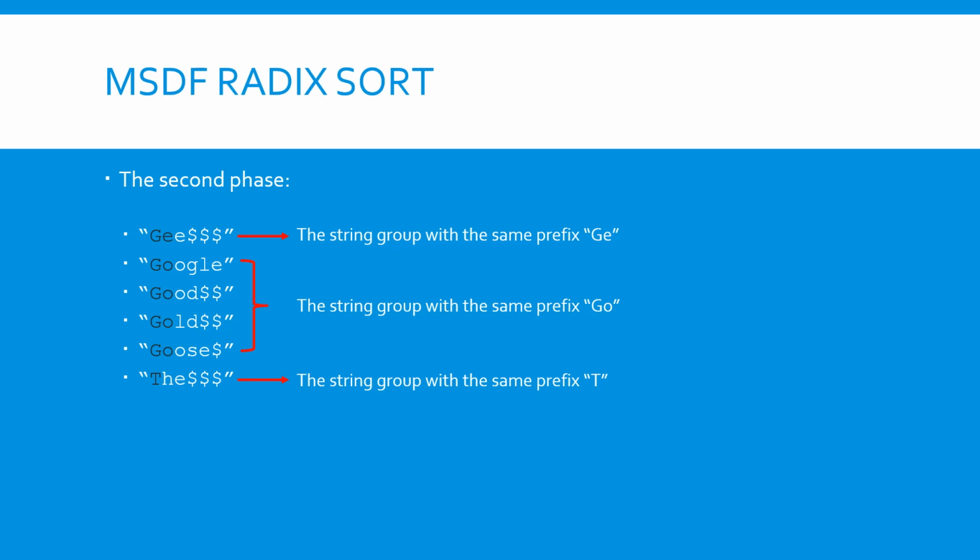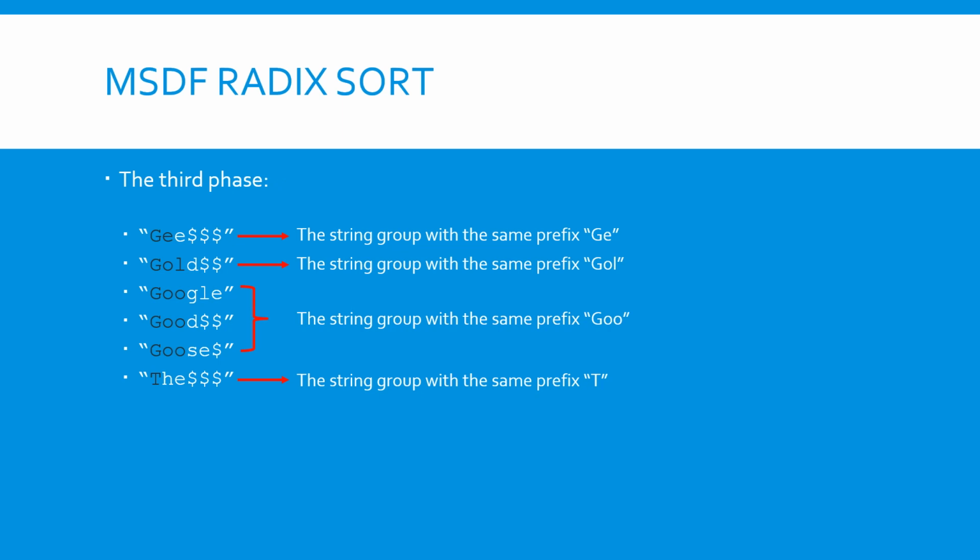In the second sorting phase, we will only sort strings in the first group. The sorting further divides the strings into two subgroups, the strings sharing the prefix GE and those sharing the prefix GO. The first group contains only one string, and no further sorting is required. Here is a snapshot after the third sorting phase.